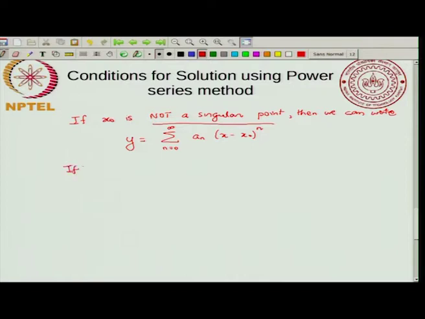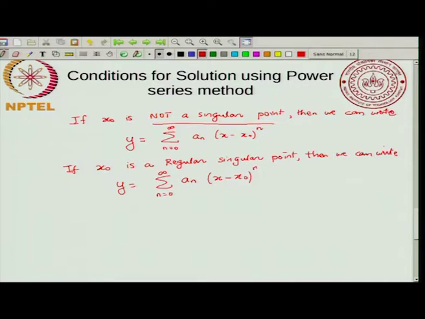If x0 is a regular singular point, then we can write y equal to the sum over n equal to 0 to infinity of a n times x minus x0 raised to n plus r.